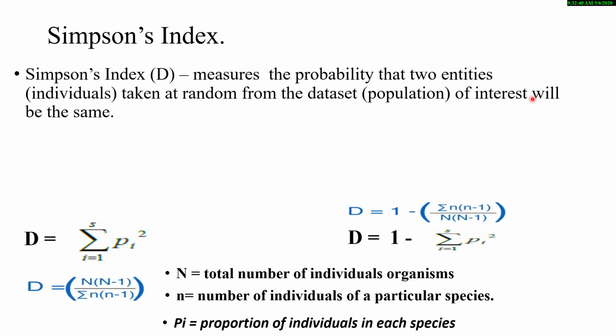Simpson's Index measures the probability that two individuals taken at random from a population or from a data set of interest will be the same. That is the D.